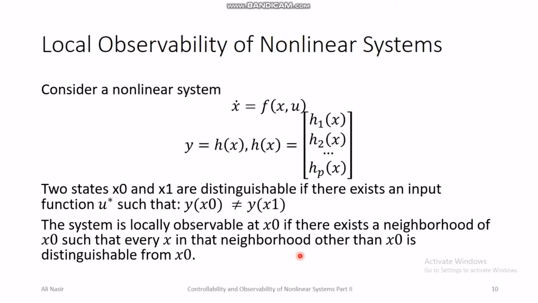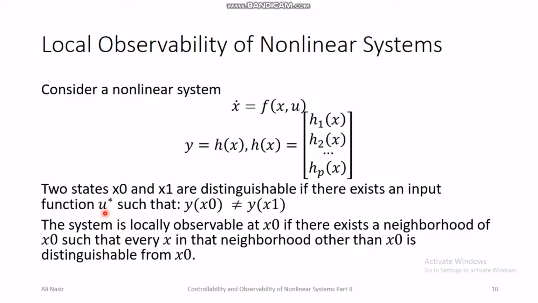If you think about this definition, it is basically helping us to determine the state vector, because if we know that the output due to every state vector is different, then from the output we can determine which state vector this output belongs to. So please try to understand this point: if every state gives us a different output corresponding to an input u star, then using that output we can determine which state should have resulted in this output.